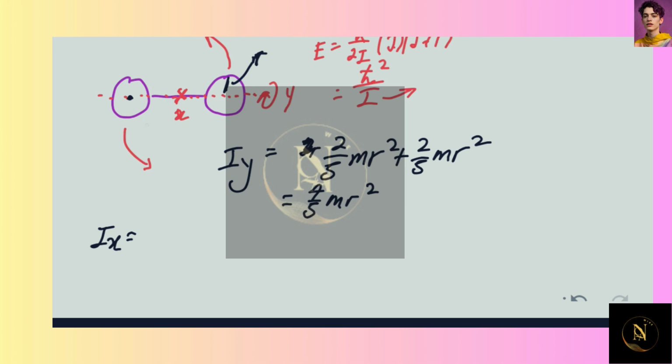So the moment of inertia will just be the mass multiplied by the distance away from the axis of rotation, which in this case is just R/2, and then we square this. So this is m times (R/2) squared, and then we have the other sphere which has the same characteristics. This gives us mR squared over 2.